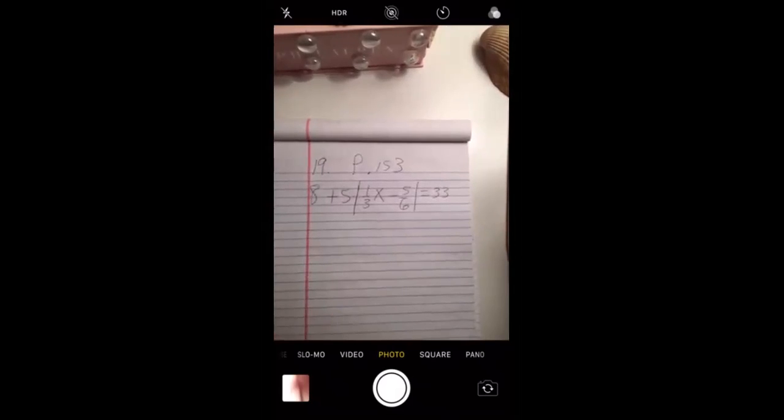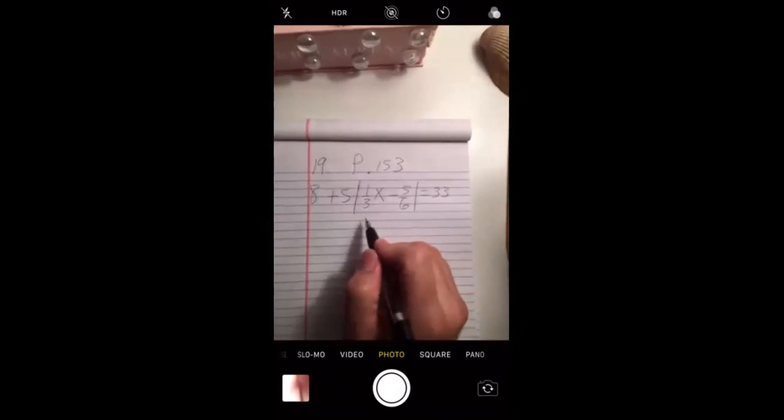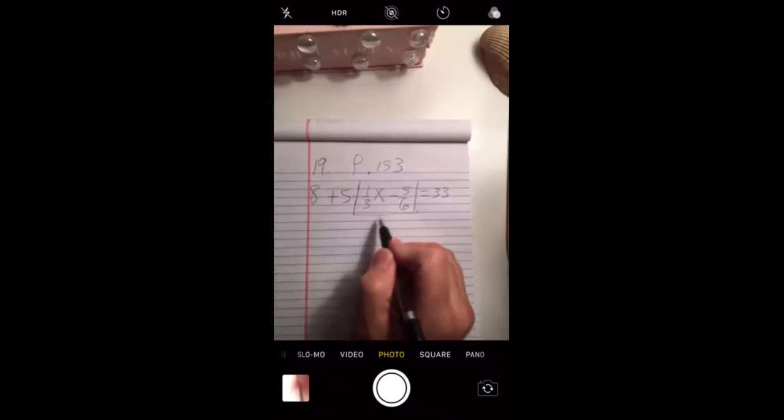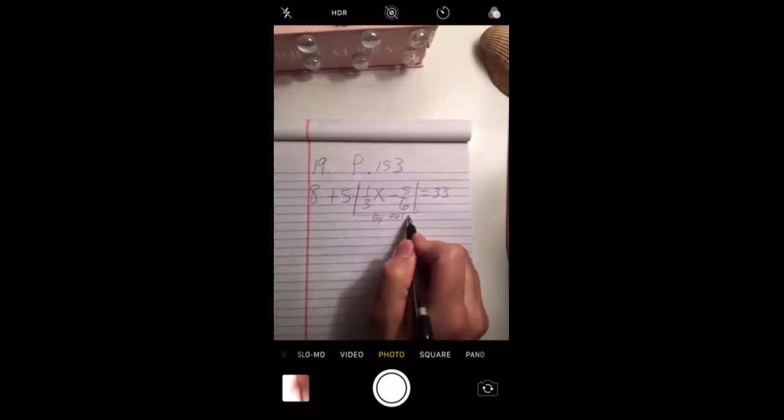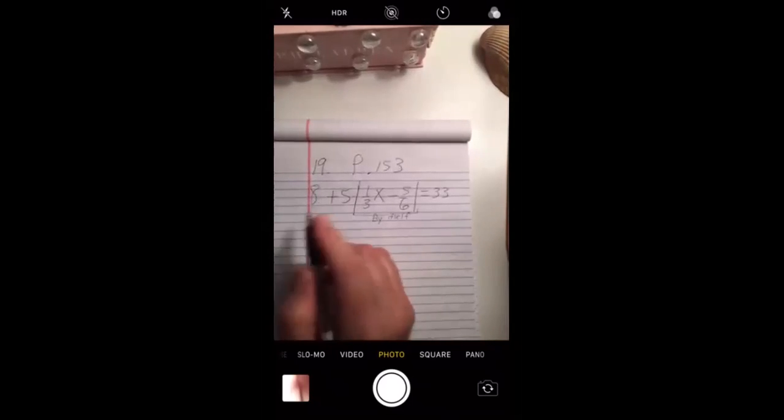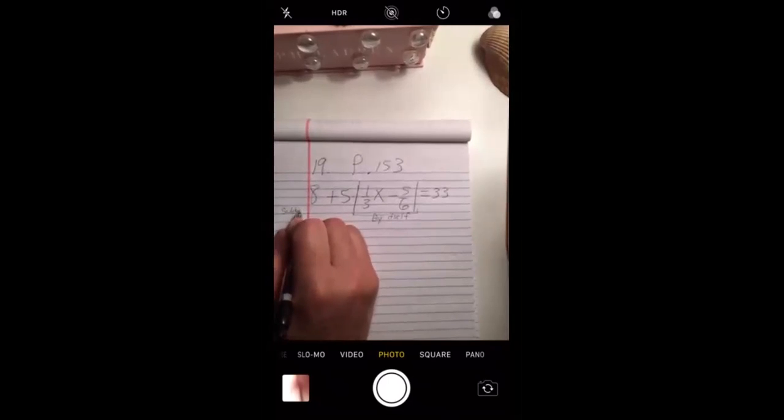Okay, so what you want to do is basically the strategy here is to get this by itself. So there's going to be 2 steps to that. We're going to wind up subtracting 8, and then we're going to divide by 5.